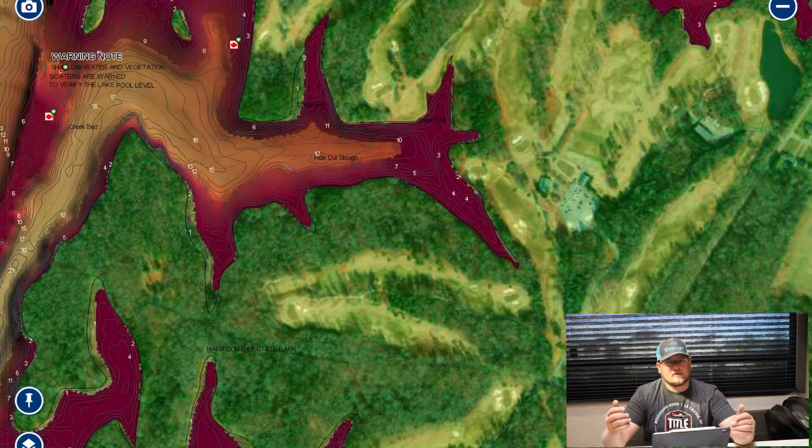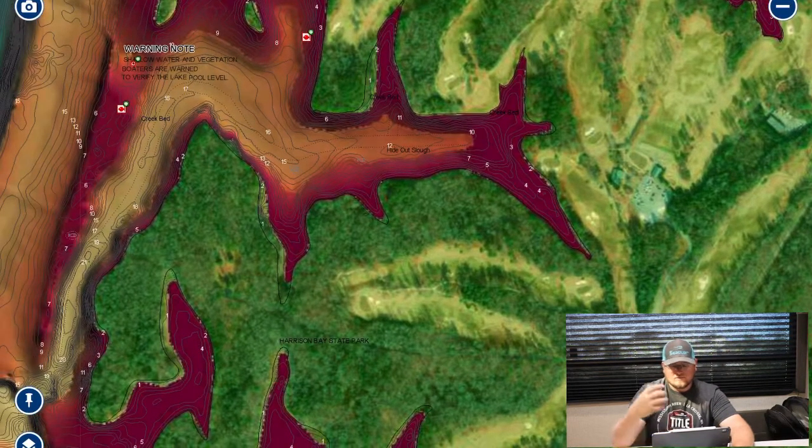That's not necessarily the most important factor. It just has to have a creek in the back of it that feeds into it. That is something that the shad are very focused on in the fall, and that's where the nutrients are going to be. That's where everything's happening. So that's something to keep in mind.